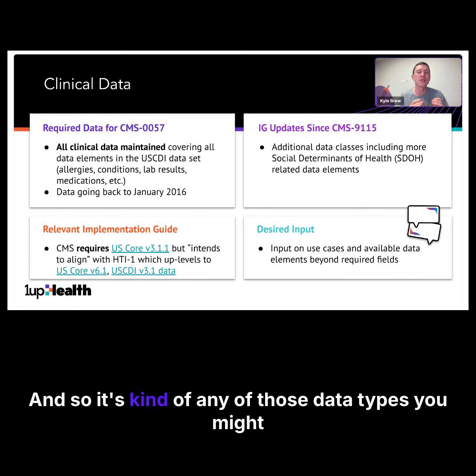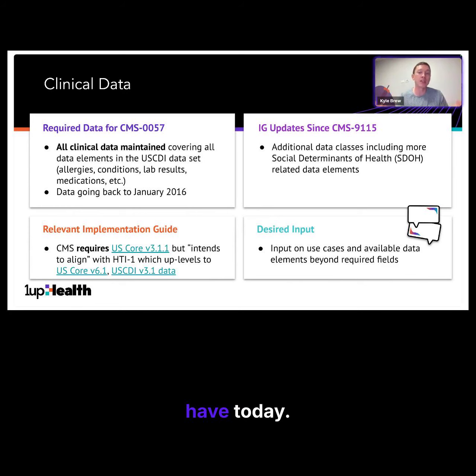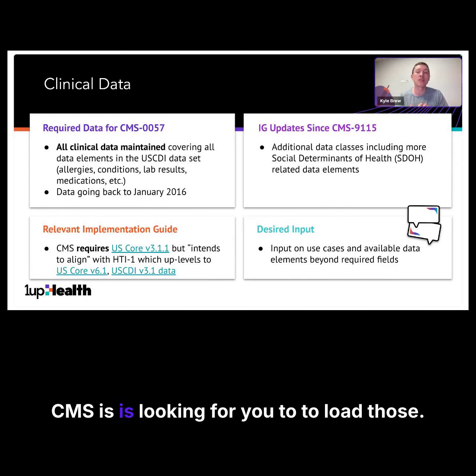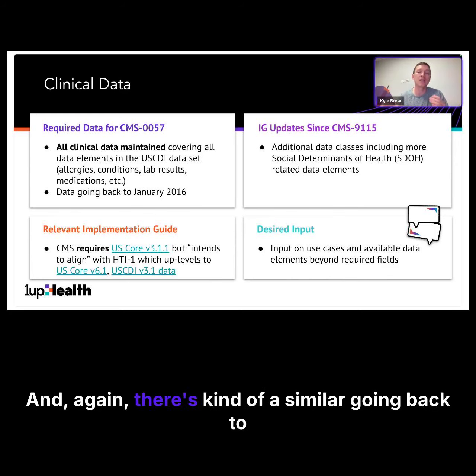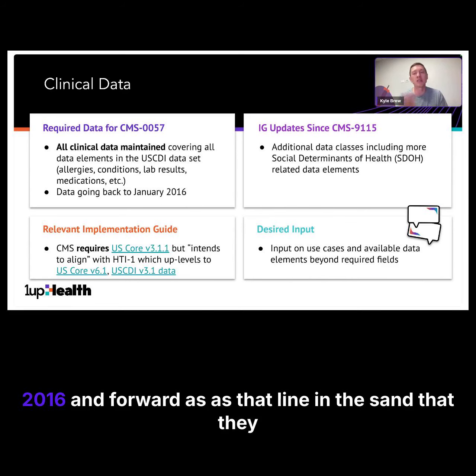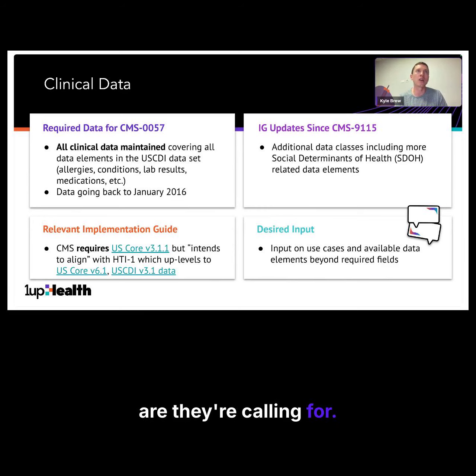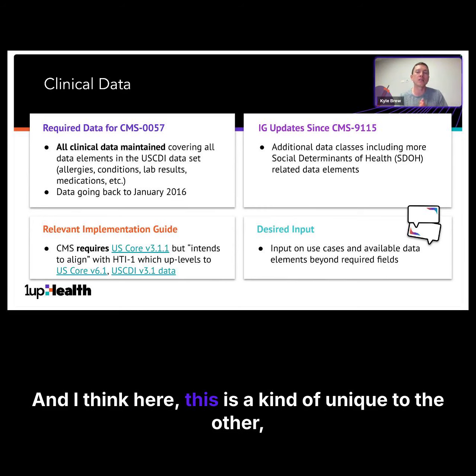So it's any of those data types you might have today that CMS is looking for you to load. And again, there's a similar going back to 2016 and forward as that line in the sand that they're calling for.